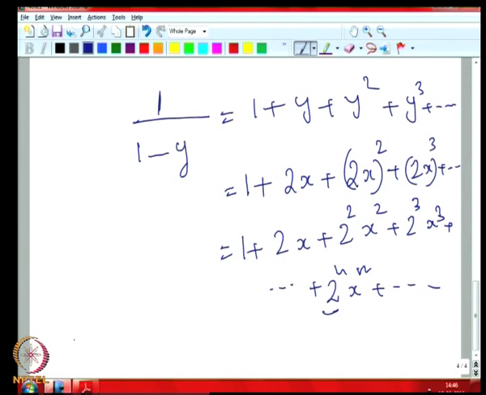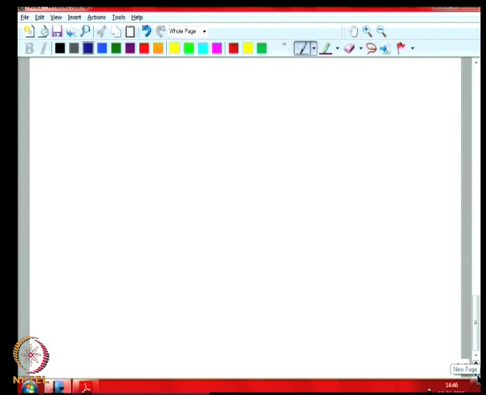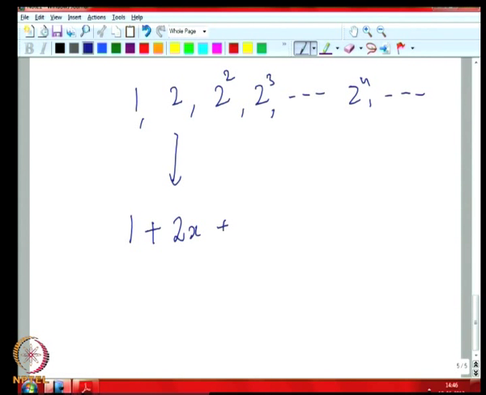So if you had looked at the sequence 1, 2, 2 square, 2 cube, 2 raised to n and so on, the corresponding generating function we would have written as 1 plus 2x plus 2 square x square plus 2 cube x cube plus and so on, the coefficient of x raised to n being 2 to the power n, right.